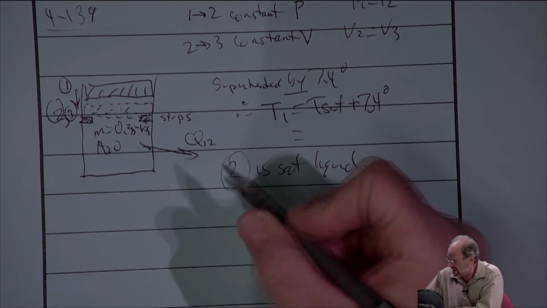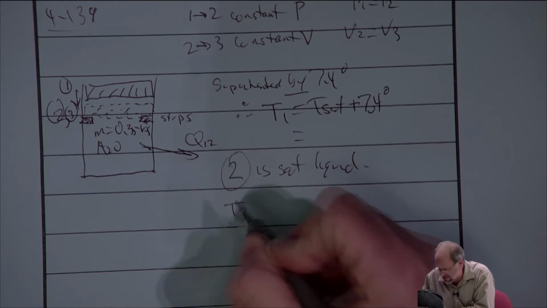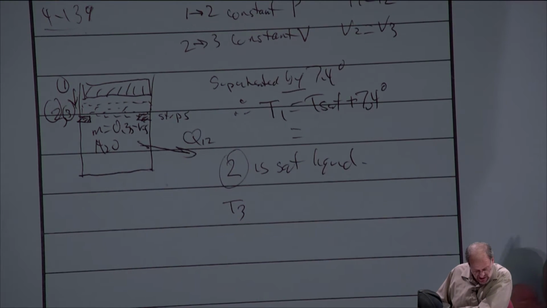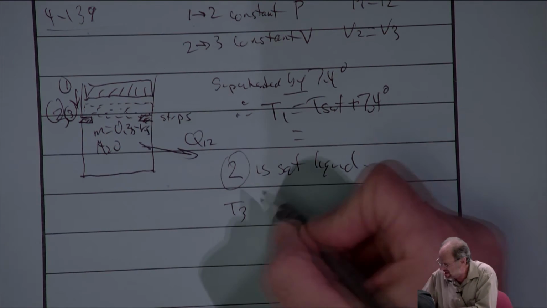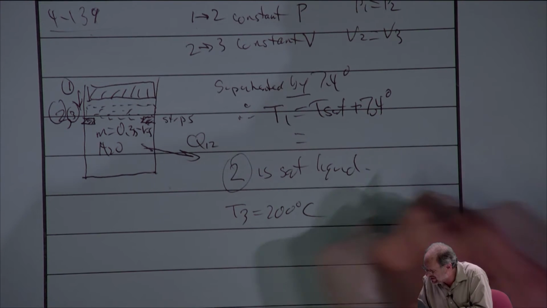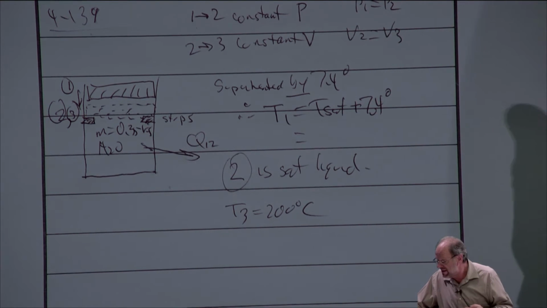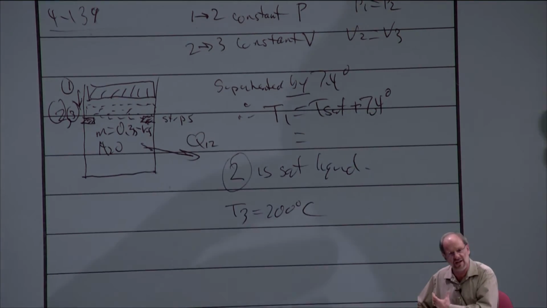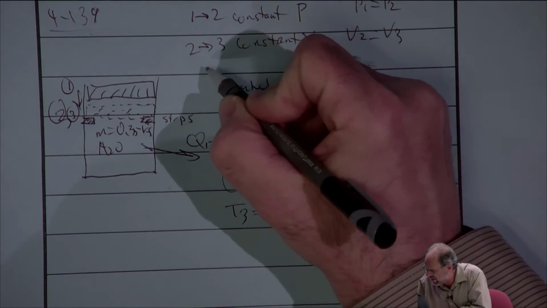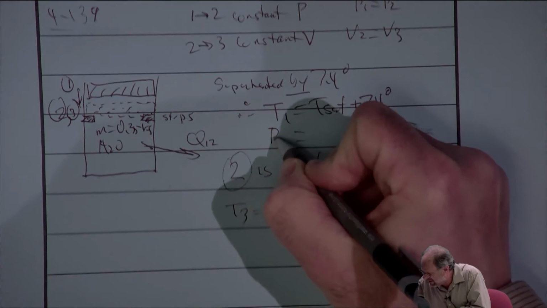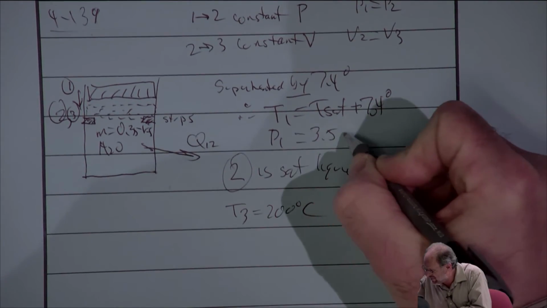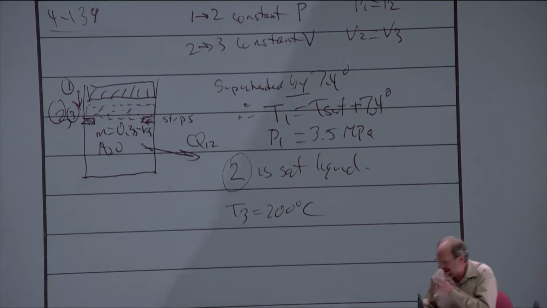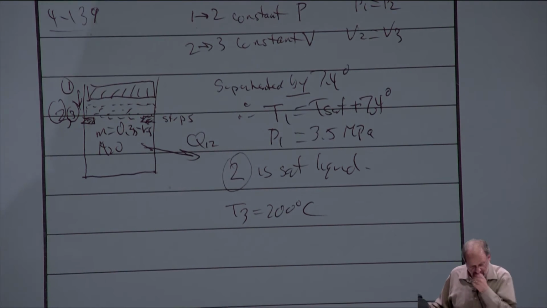The volume is going to remain constant. But finally we get to point 3, and it tells me that T3 is 200 degrees Celsius. All right. And let's see. Oh yeah, I forgot to write down the steam pressure at point 1. So up here at 1, I should have said that P1 is equal to 3.5 megapascals. That was given in the problem statement.